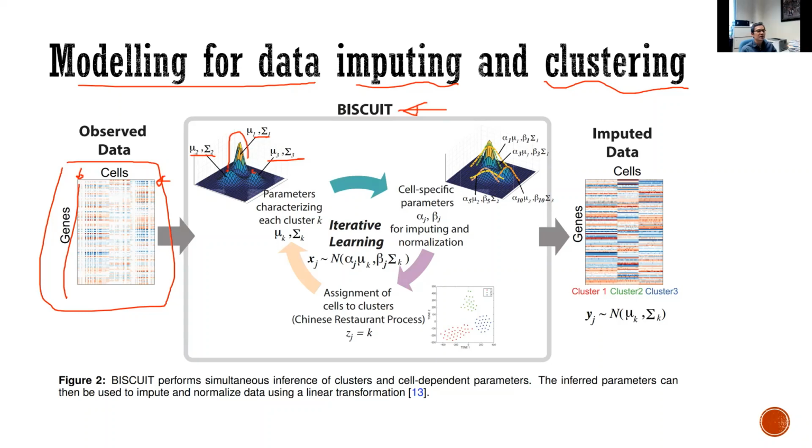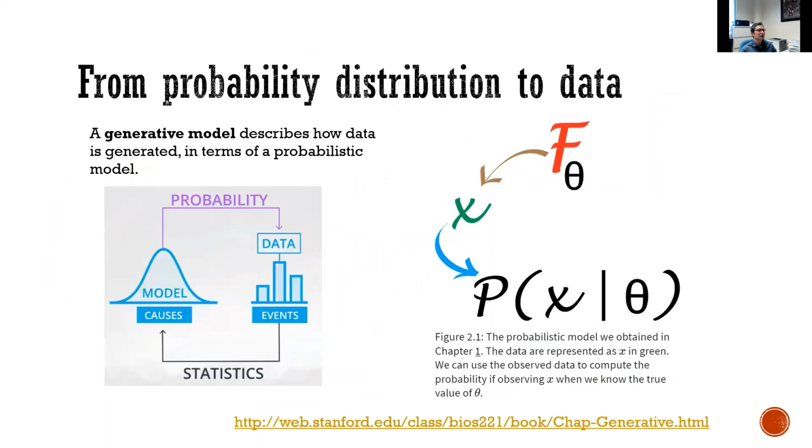But for us, we need to understand what the modeling of data is and what the principle behind it is. So I'm going to go back to very basic probability distribution of data. That's what statisticians are working on. They collect data and try to use statistics to understand the data and generate the model.